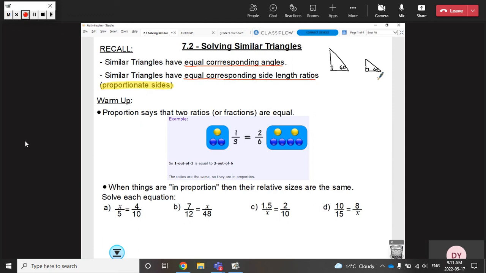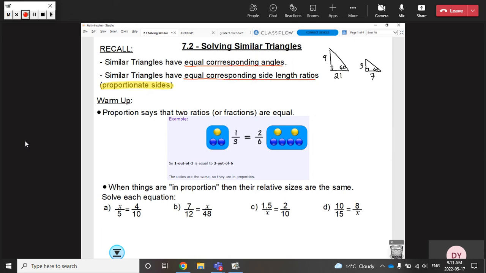If we have, for example, 3 and 7, and on this triangle over here, we might have 9 and 21. Right away you can notice that there's something going on between these two triangles.